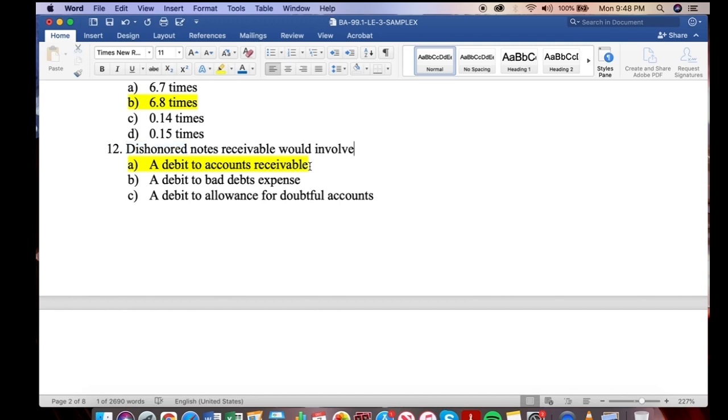Nag-dishonor siya. Now, bakit debit to AR? Kasi, usually, ang notes receivable, dinidiscount yan. Okay? Ibig sabihin ng discount, parang ibebenta mo siya sa bangko. Gusto mo kasi magkapera agad, so ibebenta mo sa bangko yung receivable mo. Para ngayon, may pera ka na. Hindi ka na maghihintay para makolekta yung receivable.